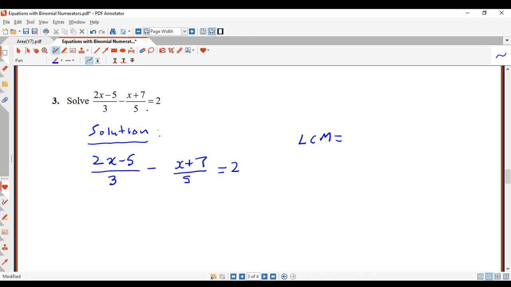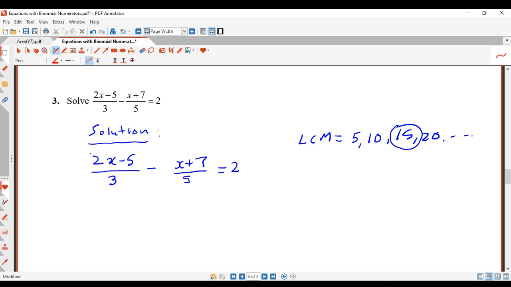So we'll take the largest denominator, which is 5, and write down some multiples of it. Now we're going to check which is the smallest number in this list which both 3 and 5 go into. You should see that 15 is the smallest number that both 5 and 3 divide into with no remainder. So I'm going to multiply every term in the equation by 15.